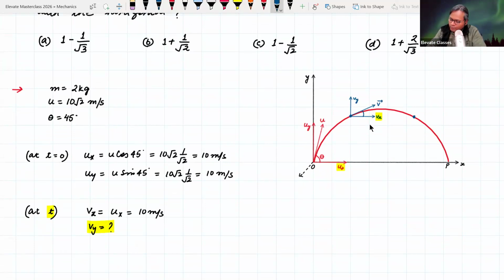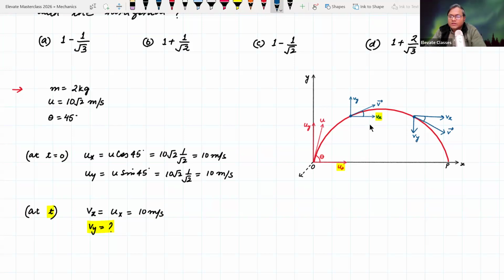If we look here, अगर हम इसको notice करें, so this is v, this is vx, this is vy.